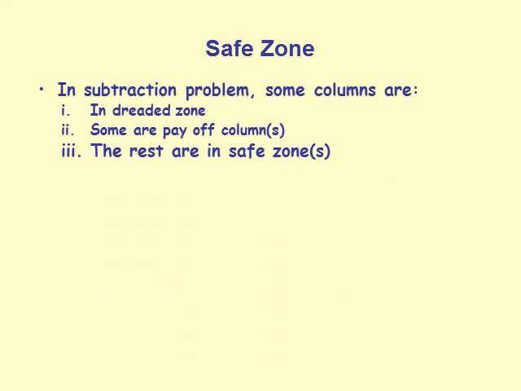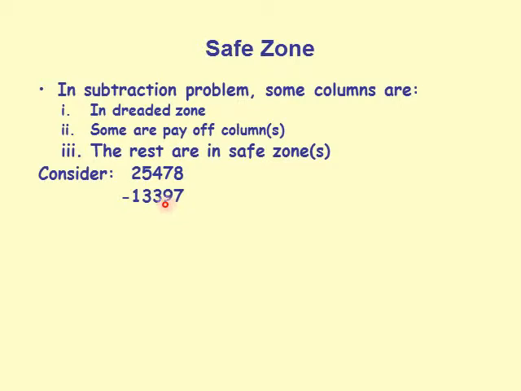Let's look now at the safe zone. In subtraction we have the dreaded zone we discussed already, and some payoff columns, and anything left over, the rest, is all safe zone. They are all safe columns. So consider 25478 minus 13397. In the units place, 8 minus 7 is surplus, with nothing to the right to worry about, no right association, so it's a safe column. The tens column, 7 minus 9, is a deficient column, so it's in a dreaded zone.